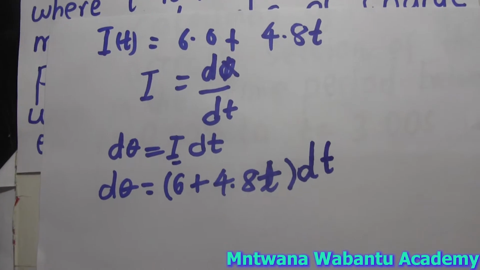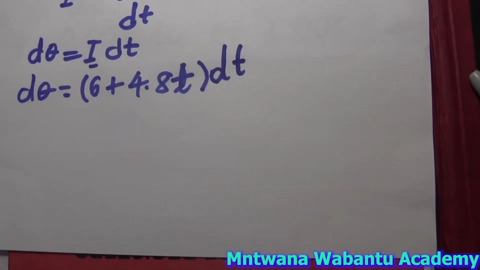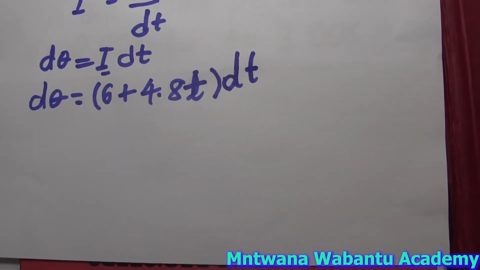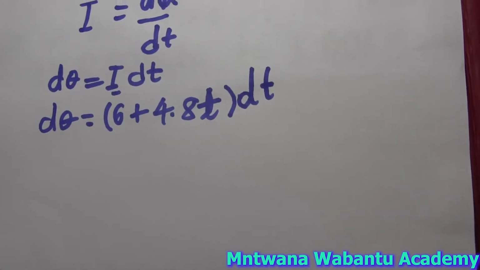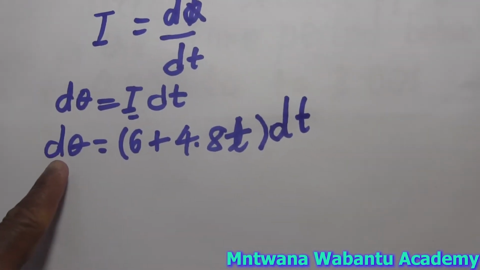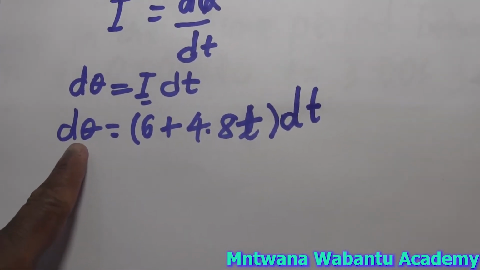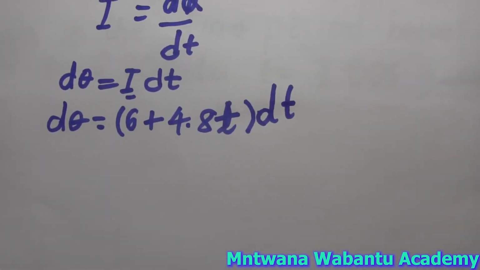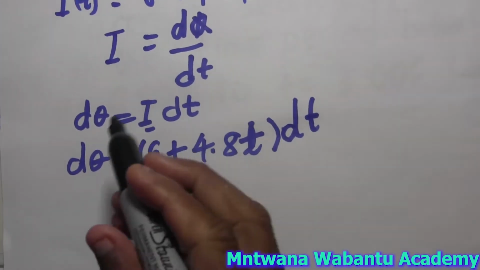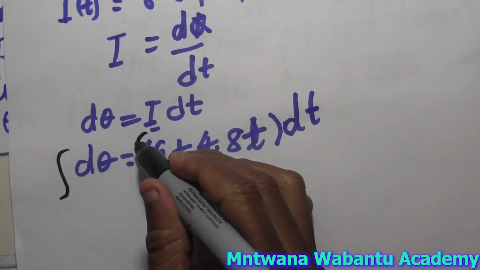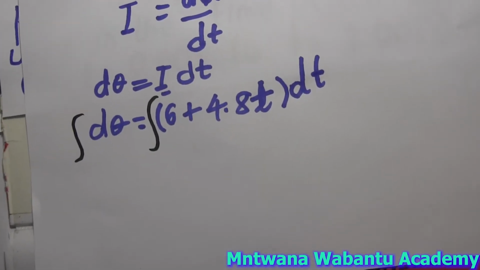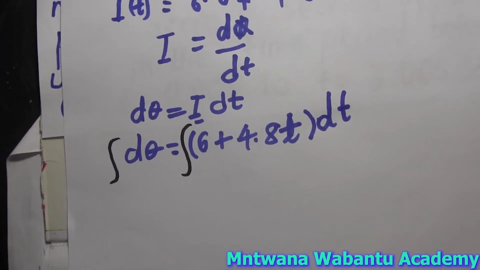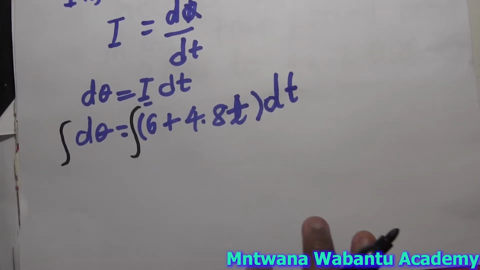The next thing is to integrate throughout. Because if you have dq and you want to get the quantity, you have to integrate. So we integrate on the left and on the right.